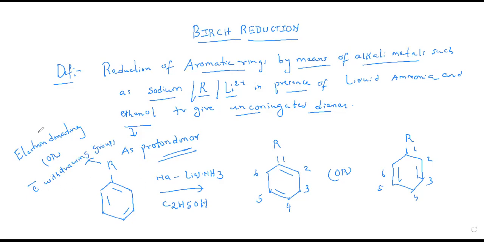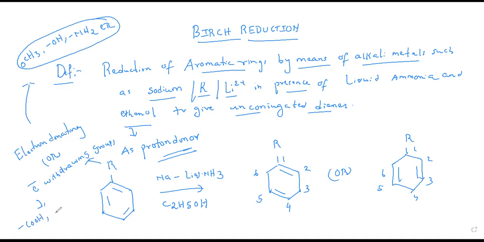Okay. The most commonly used electron donating groups are methoxy, hydroxyl group, amines, NH2, etc. All these are electron donating groups. Coming to electron withdrawing groups, you can have carboxylic acid, nitro group, halogens, etc. All these are electron withdrawing in nature.